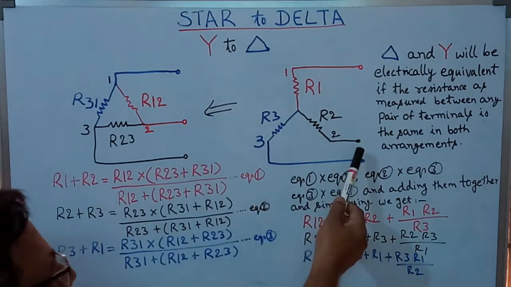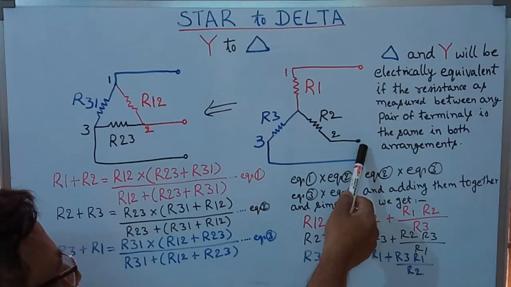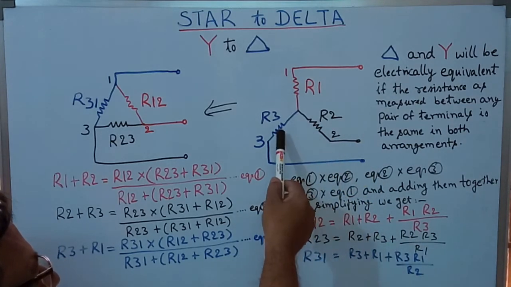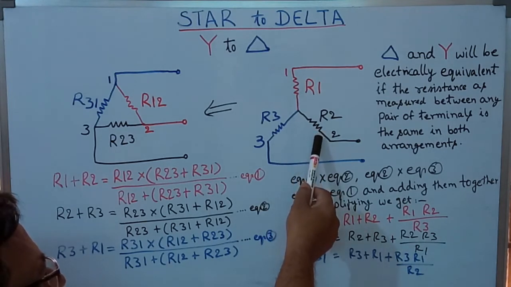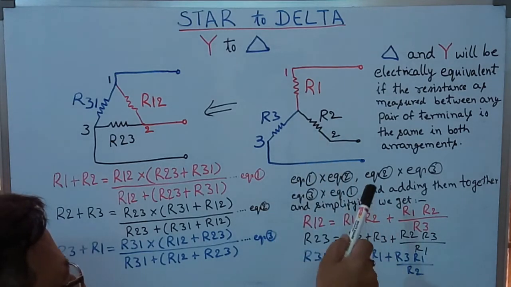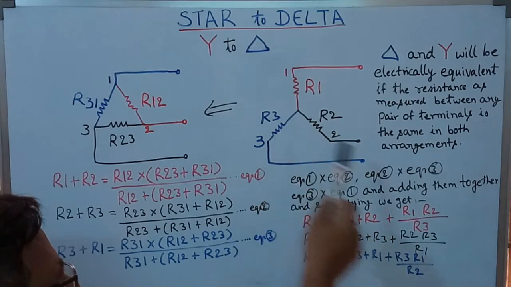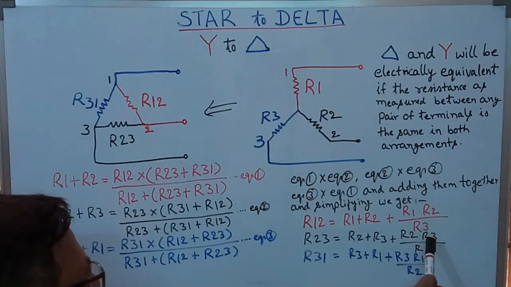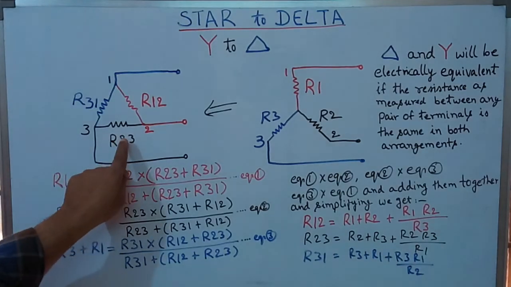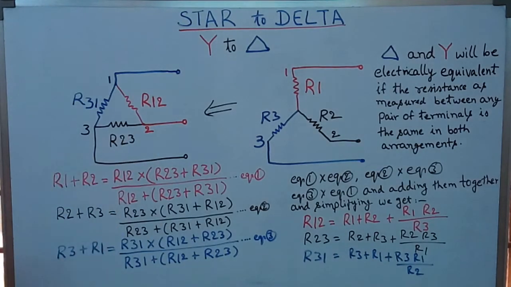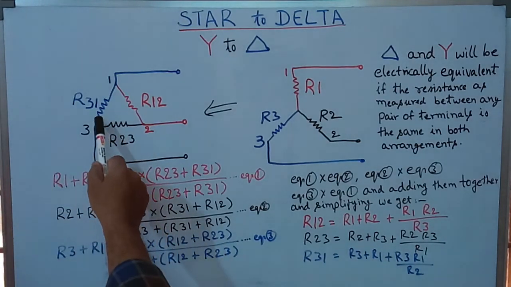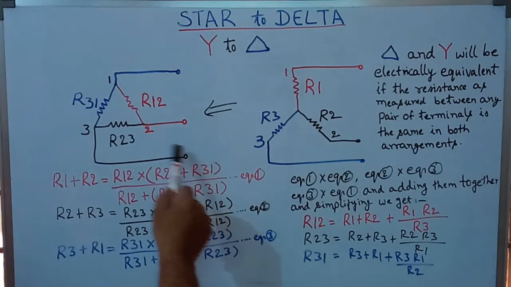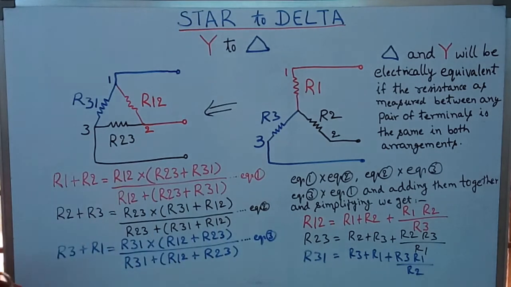Similarly R23 is connected between 2 and 3. When we look into the star connection for terminal 2 and 3, we have two resistors R2 and R3. So the sum of R2 and R3 plus the product of R2 and R3 divided by the opposite resistance R1 will give R23 resistance. Similarly, when we look from terminal 1 and 3 in the delta, we have R31.